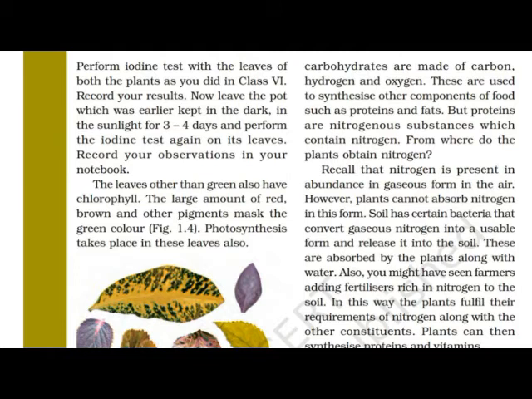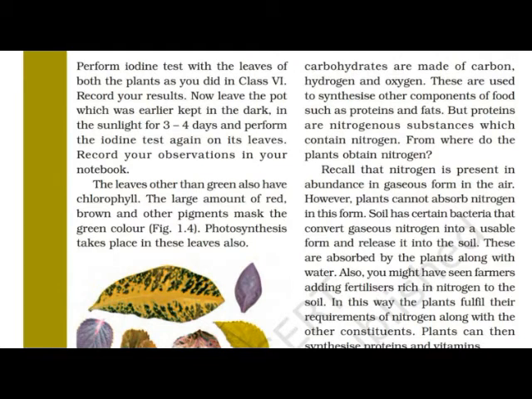Very clear. Soil contains the bacteria. Bacteria absorb the nitrogen from the air and convert it into the soluble form, and as it converts into the soluble form, that nitrogen is easily available for the plants. This is the one way.